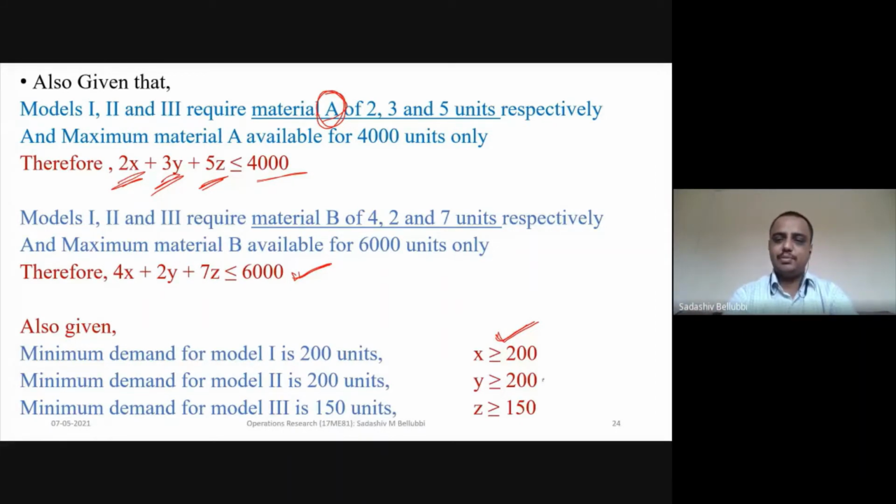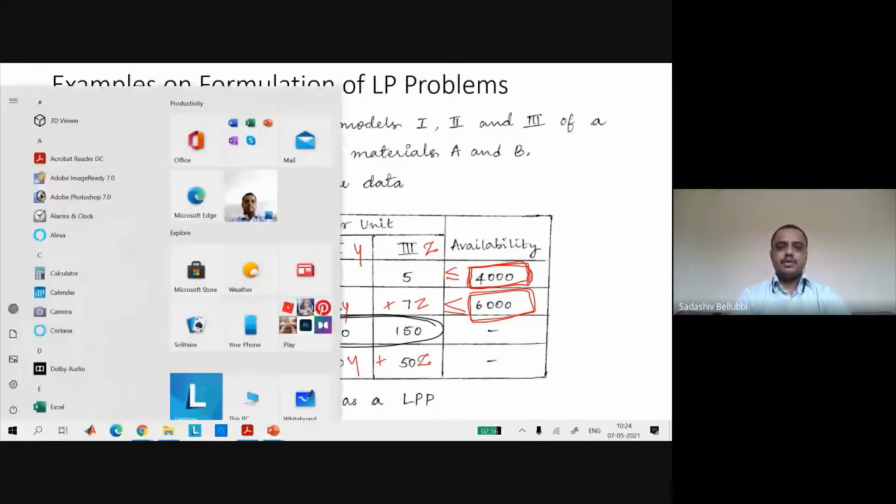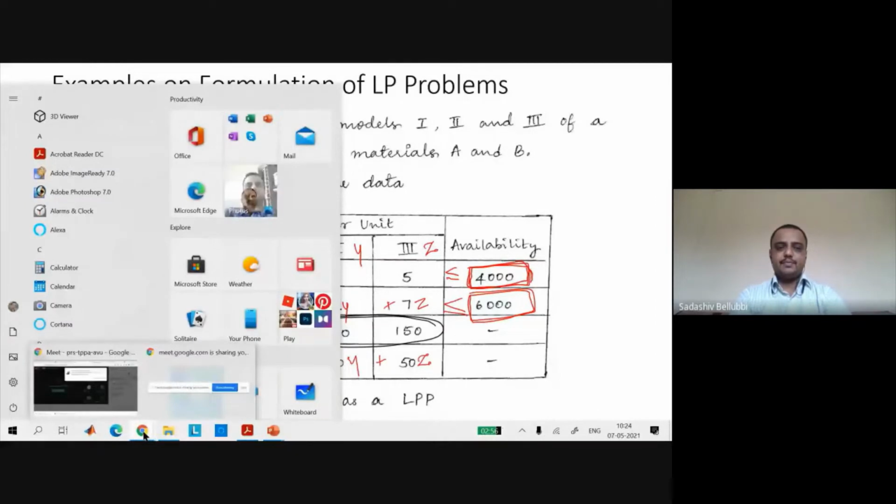For y, model 2 will be 200. For model 3, it is 150. They are given again here, in the minimum demand: 200, 200 and 150.